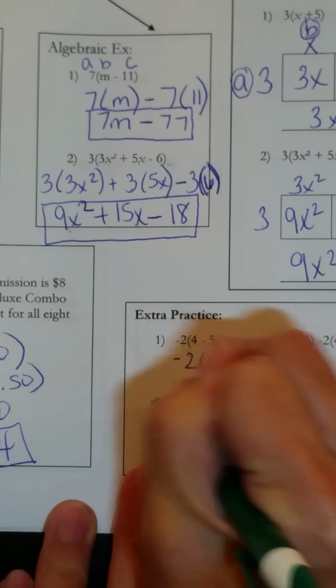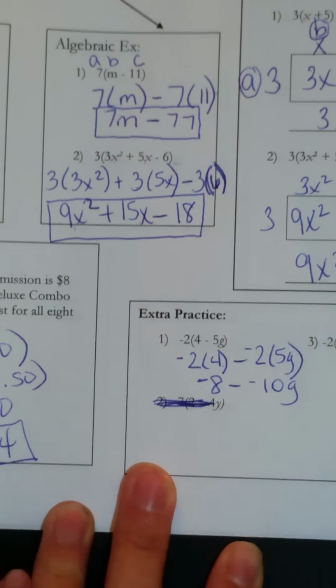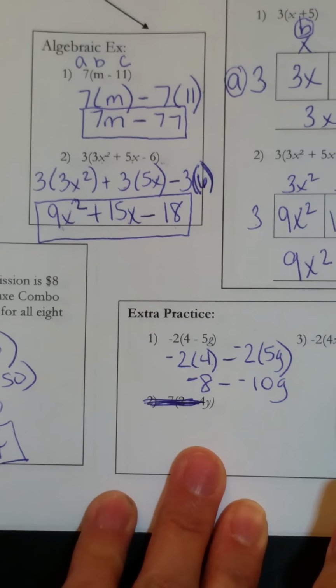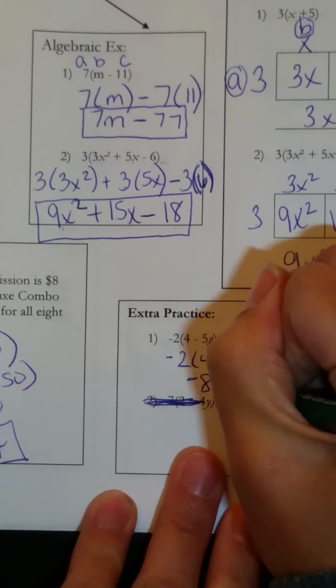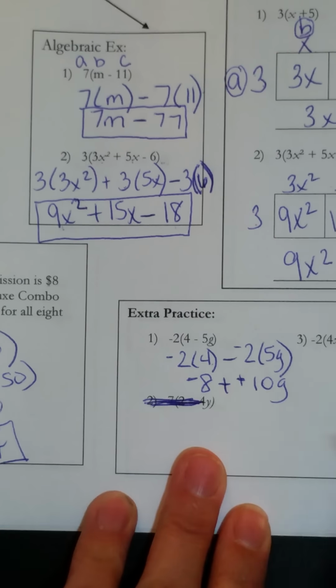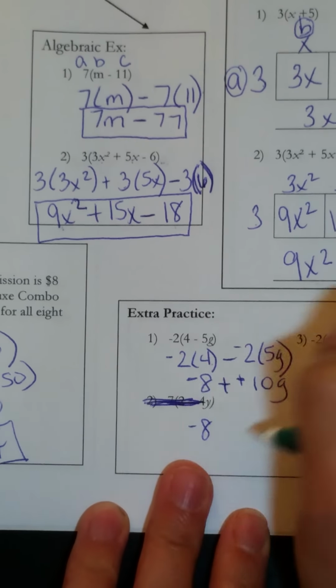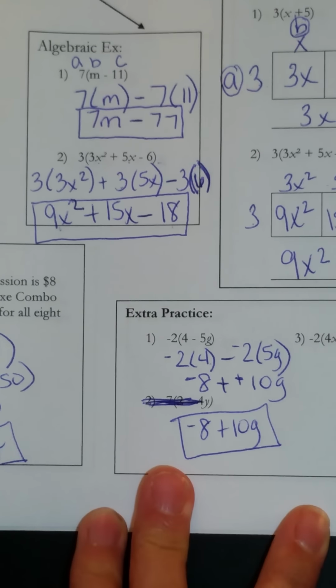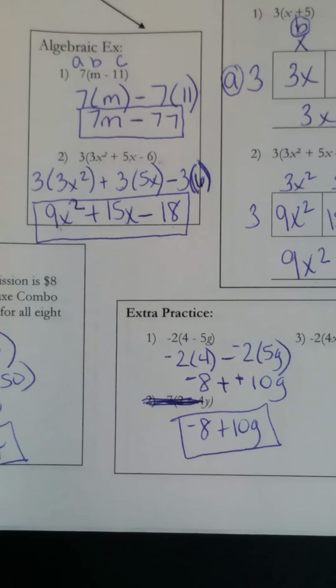Here's that double negative, so we need to KFC it. Keep, flip subtraction to addition, change that negative 10 to a positive. So we now have negative 8 plus 10g. And that's our answer.